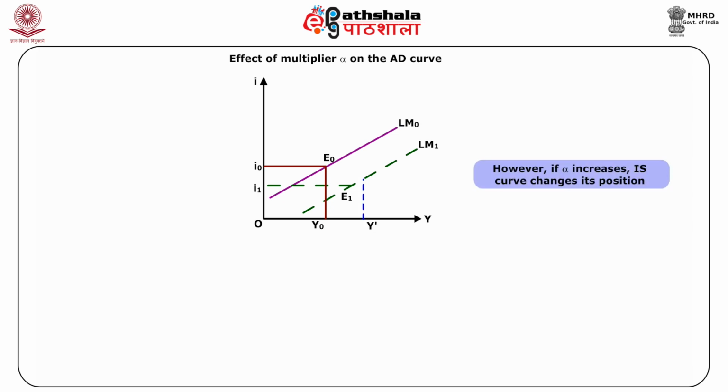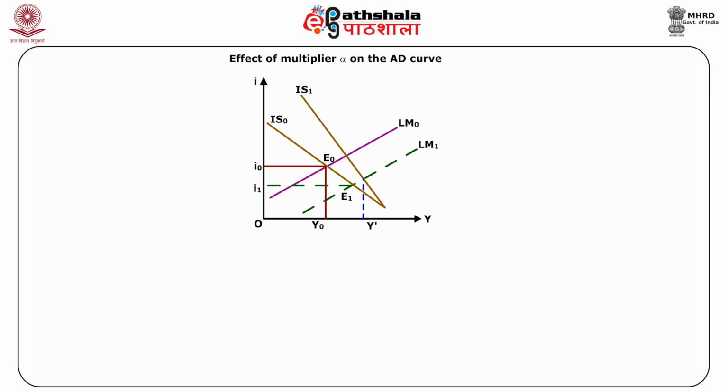However, if alpha increases, the IS curve changes its position. With the increase in alpha, the slope of the IS curve decreases, making it flatter. In the figure, the IS curve tilts from IS0 to IS1 due to the increase in alpha. As a result, the new equilibrium in the IS-LM framework occurs at point E dash, where LM1 intersects the IS1 curve.